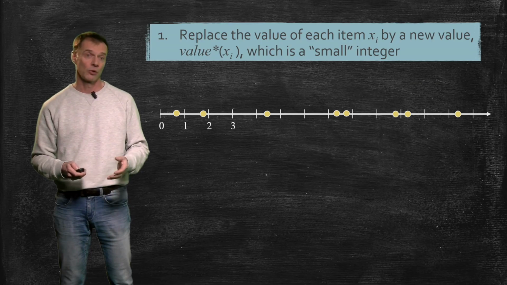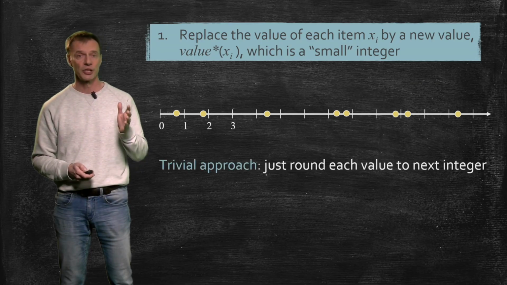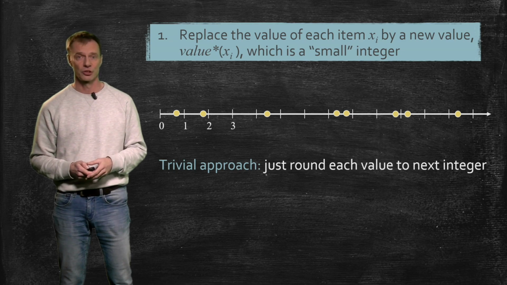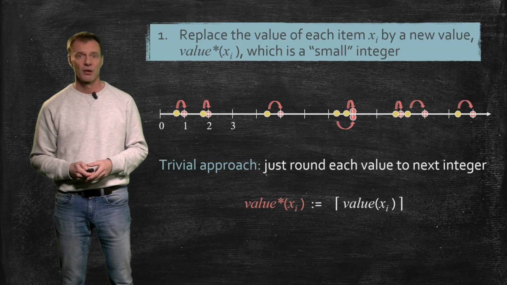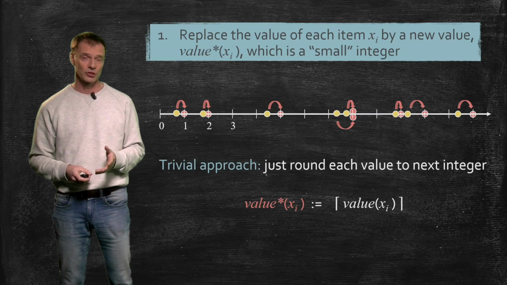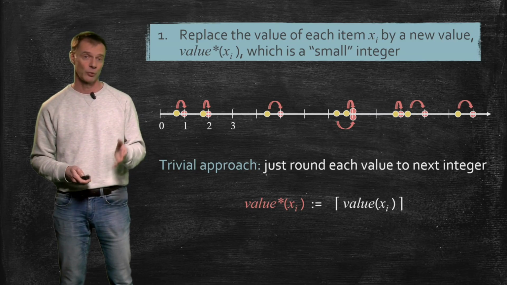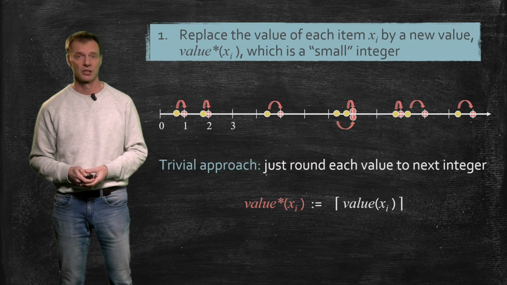Now, we want integers, so let's simply round every item value to the nearest integer. So that looks like this. We have all the item values, and we simply round them to the next integer. Let's say we round them up.